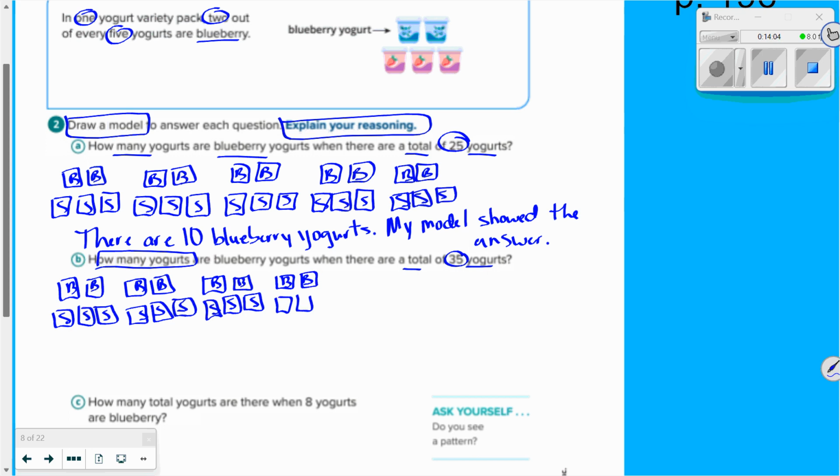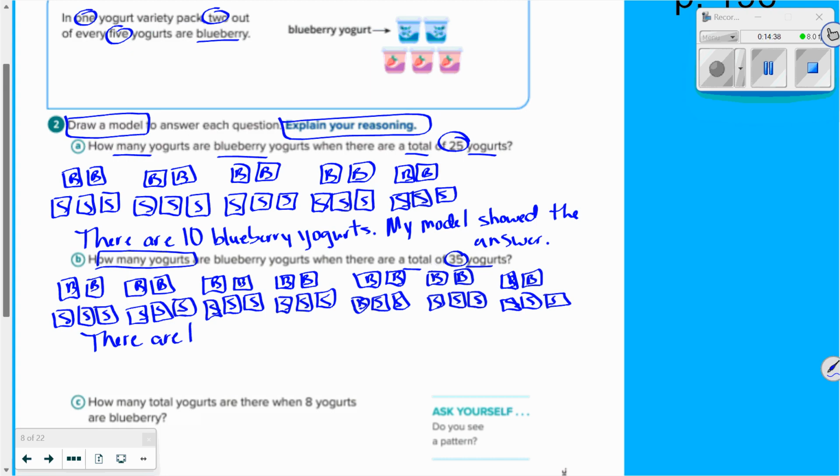So if I have 7 sets of models, there's 4, 5, 6, and 7. How many blueberries did I end up with? So 14 blueberries.